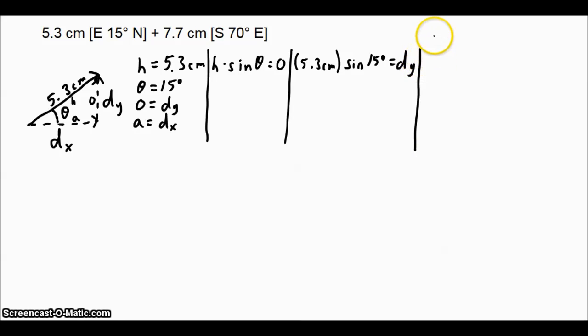So now we plug it into the calculator, and we make sure that our calculator is set to degrees and not radians or anything else. And when we do that, we find our dy is equal to 1.37 centimeters. And the direction, if we look at our diagram, is to the north.